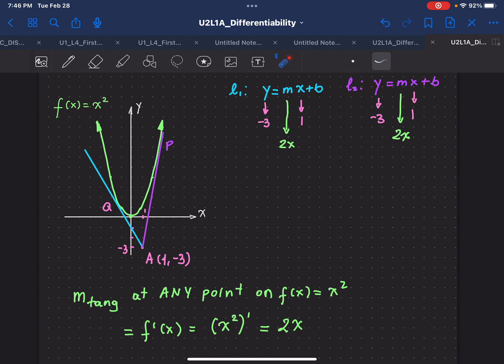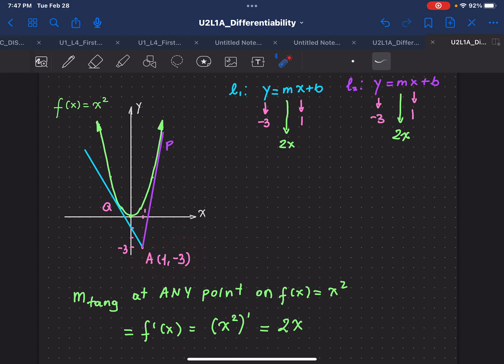So now I'm thinking, since 2x will be the slope of the tangent at any point, is there a more specific way that can help me find the tangent that is drawn from this specific point on the grid? So a tangent that comes from 1, -3.